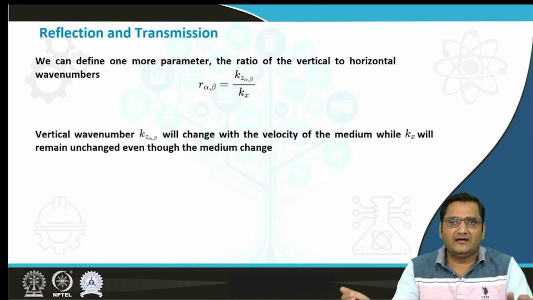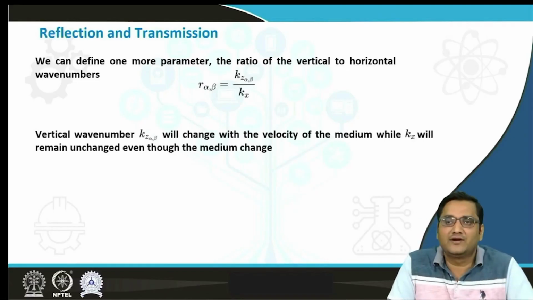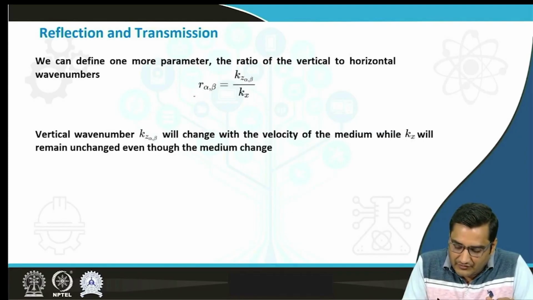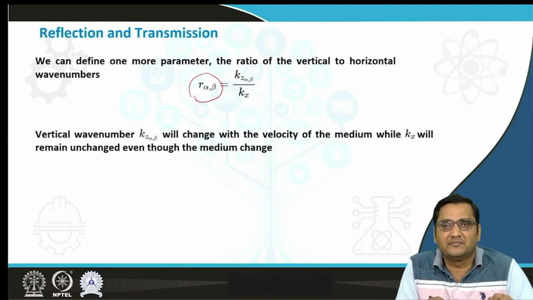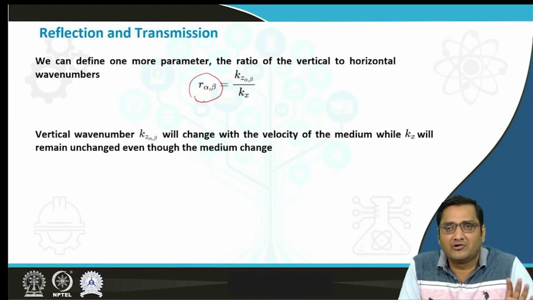Now let's define one more parameter here, that is the ratio of vertical to horizontal wave number. So the ratio of vertical to horizontal wave number can be represented by this particular parameter r alpha comma beta. If we are talking about only P wave, then it will be r alpha. If we are talking about only S wave, then it will be r beta.